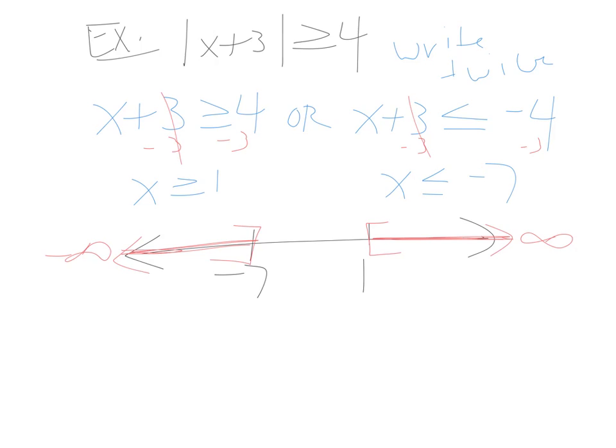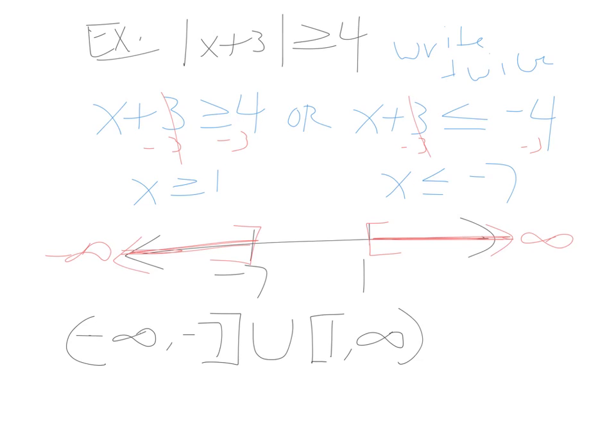So there's the number line. Now interval notation. From left to right, start and stop. From left to right, negative infinity to negative 7. Always parentheses on infinity. The negative 7 has a bracket. The other section from left to right starts at 1 and goes to positive infinity. Bracket on the 1, parentheses on infinity, and a union in the middle.